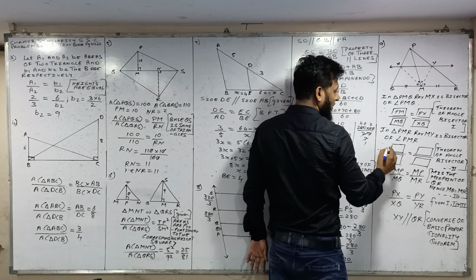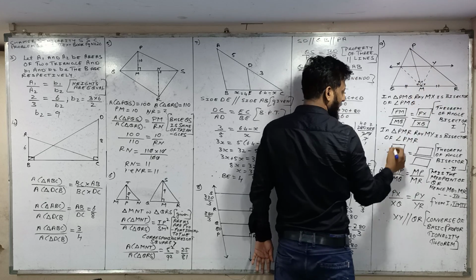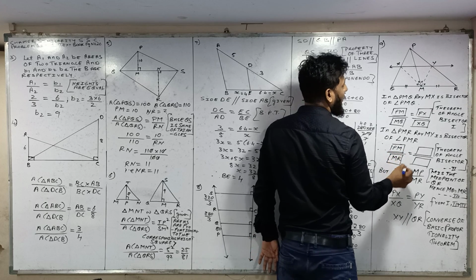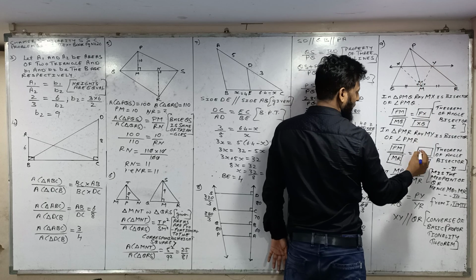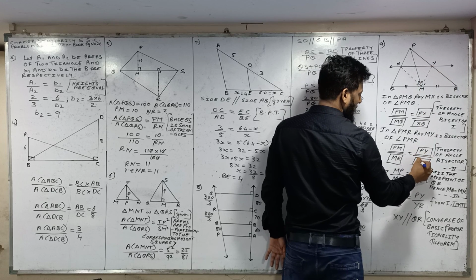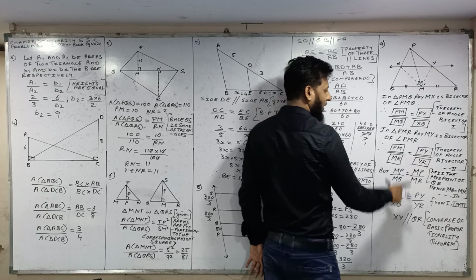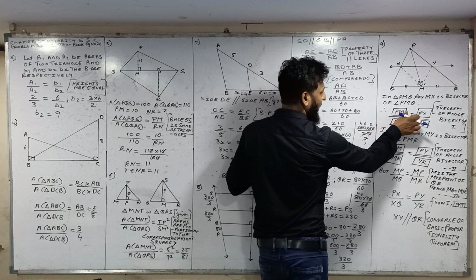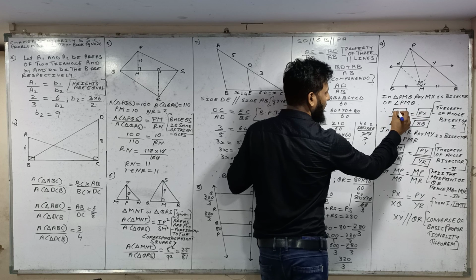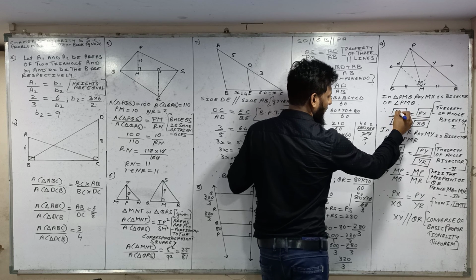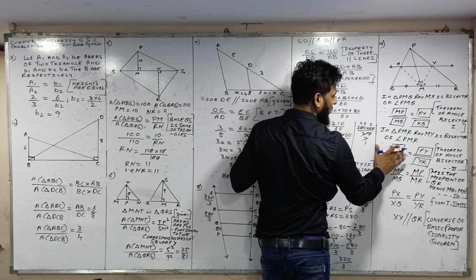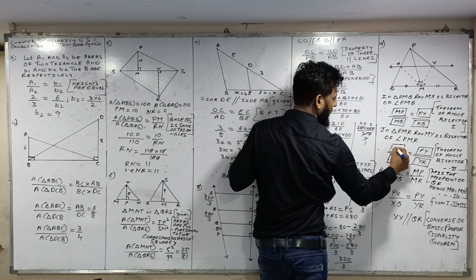angle PMR. Therefore PM upon MR is equal to PY upon YR. Okay, by angle bisector theorem. PM, or we can write MP also, both same segment, MP or PM, just to keep the value same as given below, MP.